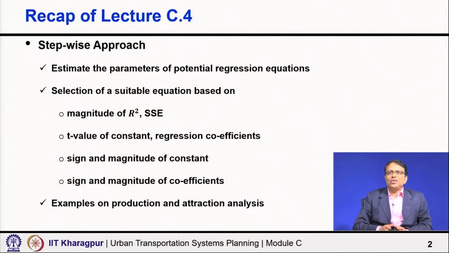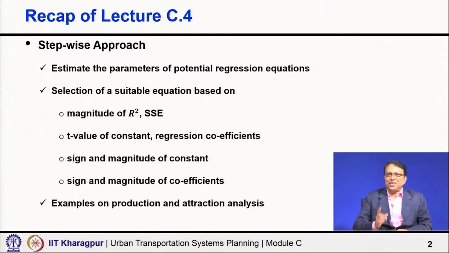Then we explained with an example, showing the steps of how to screen and how to select the model specifications or select a few models for further investigation. Then we said when you do the calibration and get the coefficient estimates, you check the magnitude of r square, and you check the t values, because your estimated coefficients are to be statistically significantly different from 0.